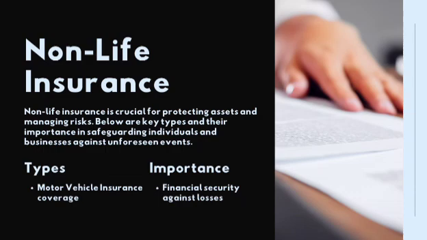Going back to the first one, Chinedu owns a Toyota Camry. I'm explaining the example now, and he purchases a comprehensive policy for 150,000 naira per year. When his vehicle is damaged in a flood, the insurance company pays him 1.2 million naira for repairs.